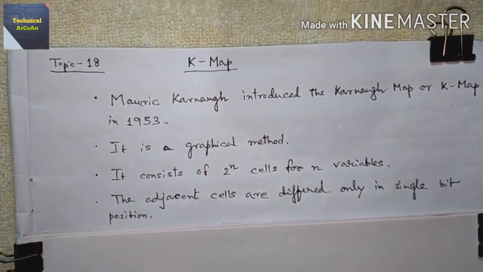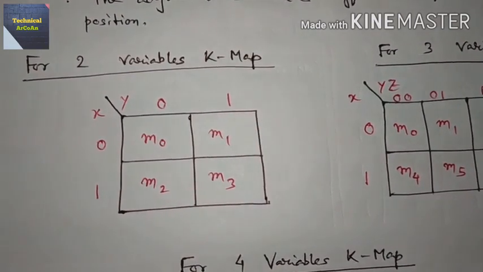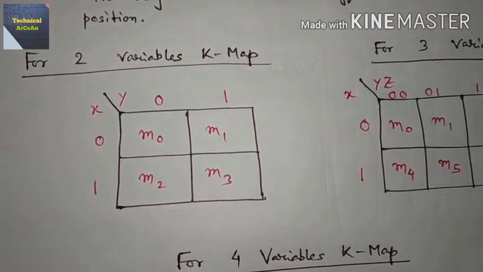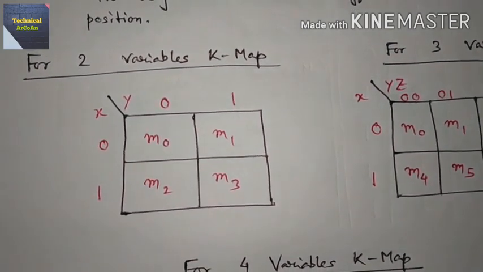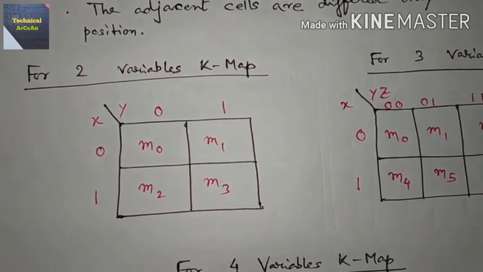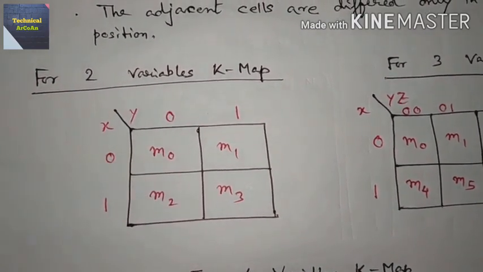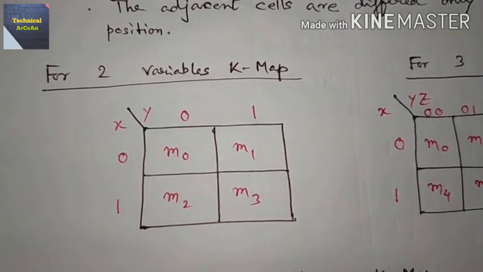These Karnaugh Map calculations can be done for both Minterm and Maxterm. Whatever the Minterm procedure, the Maxterm procedure is the same, only the values change. So we take the example using Minterms.